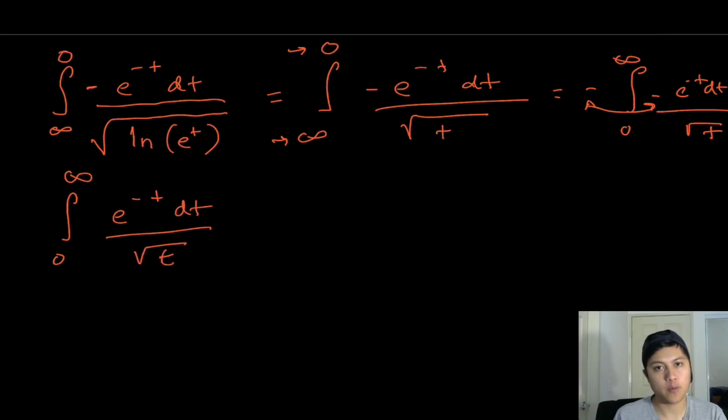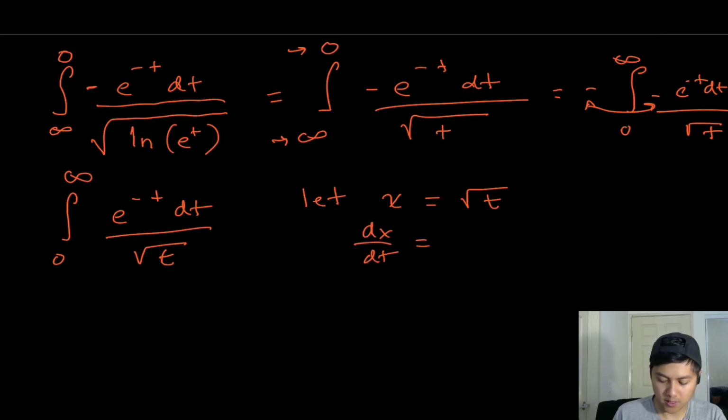And now we're going to make one more substitution. We're going to let x equal root t. And so we take dx/dt. Remember root t is just t to the 1/2, so this should be 1/2 t to the minus 1/2, which equals 1 over 2 root t.